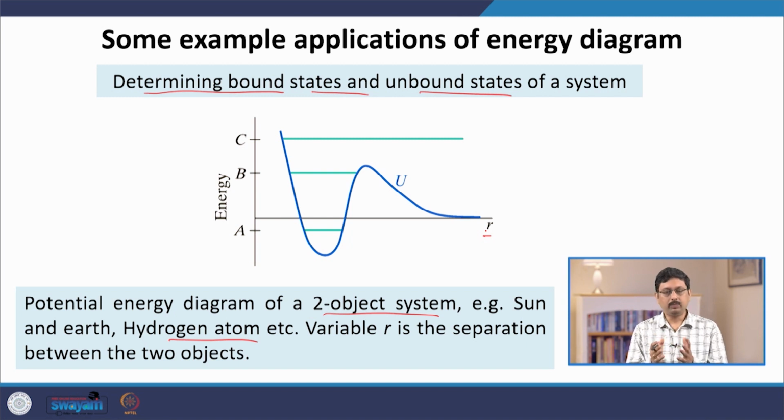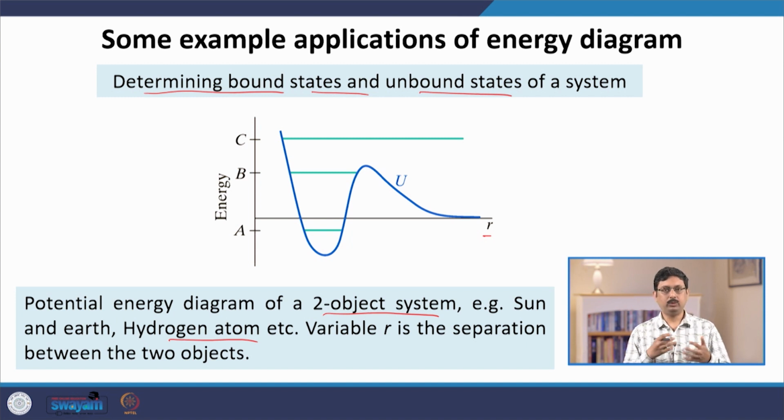For each r the system has some potential energy, and the blue line represents this potential energy profile as a function of different positions r.